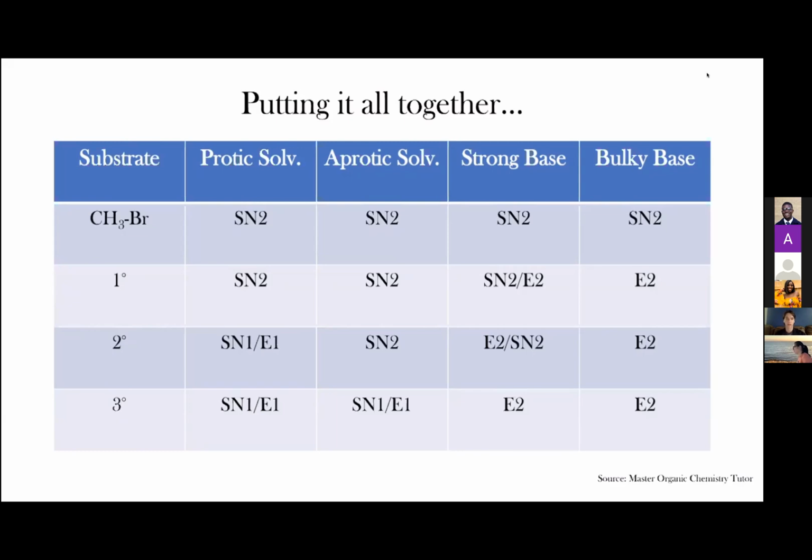Just to do some examples: if you have methyl, it's going to be SN2 every time. You can't have any of the other ones. But in certain conditions, you can have competing reactions, as we talked about. If you look at the tertiary in the protic solvent, you have SN1 and E1 competing, or in the secondary with a strong base, you have competition between E2 and SN2. Hopefully this table will help.